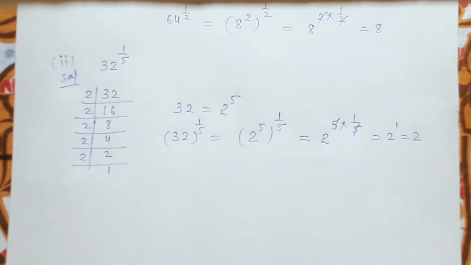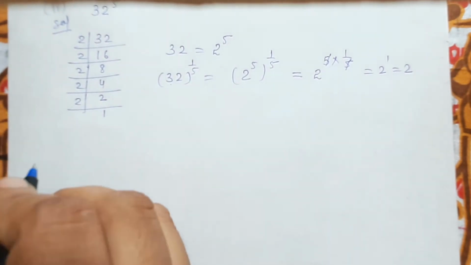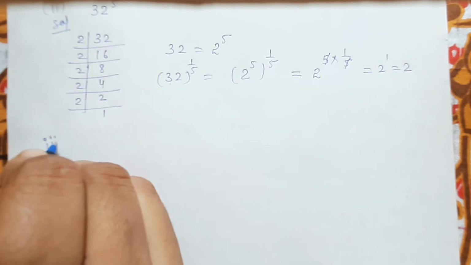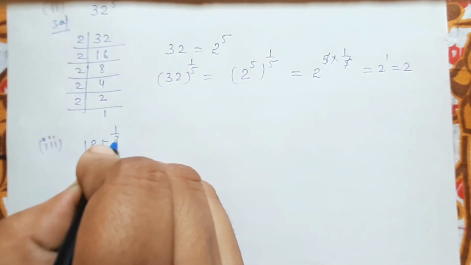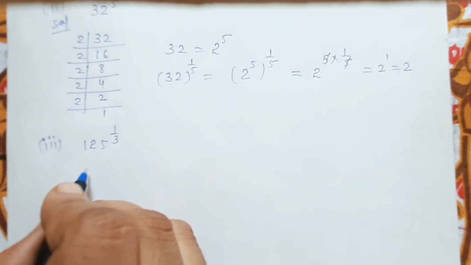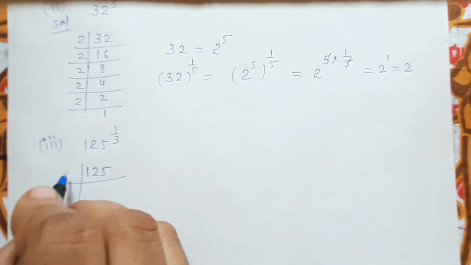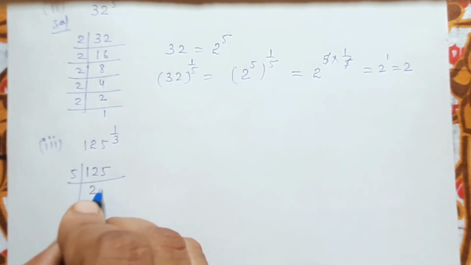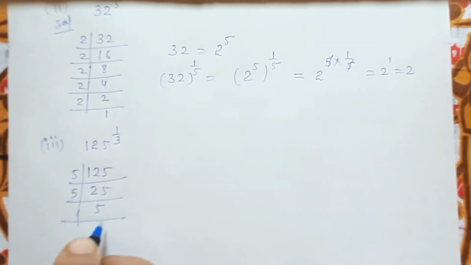125 raised to power 1 by 3. In this also, first we will find the prime factors of 125. It will be directly divisible by 5. 5 2s are 10, 5 5s are 25, 5 5s are 25, 5 1s are 5.